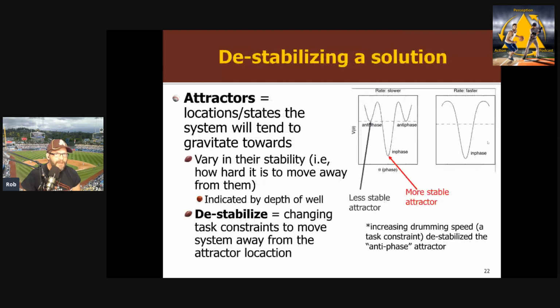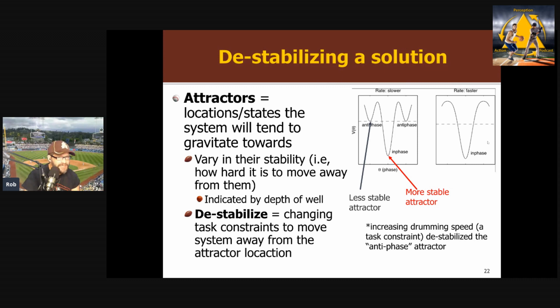Okay, what do I mean by destabilizing a solution? Well, this goes back to the first video I did on terminology, when we talked about attractors, right? So remember what we were talking about. We have this solution space, any of these possible solutions. We know that people will tend to go to certain spots in the solution space, right?